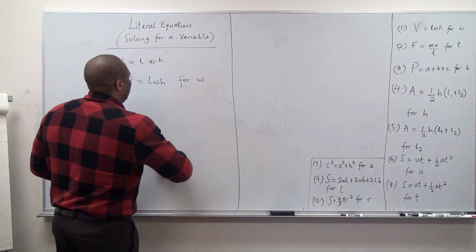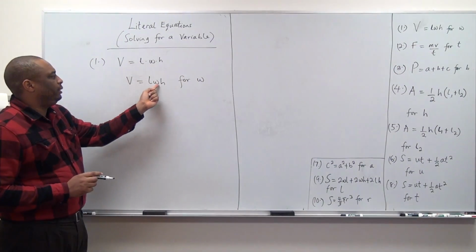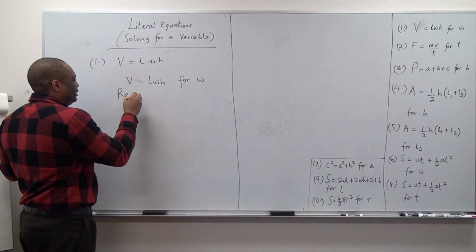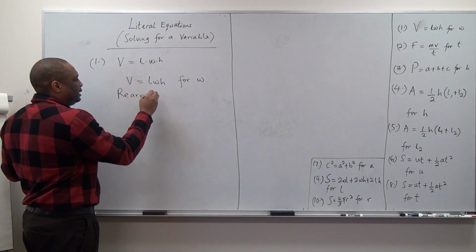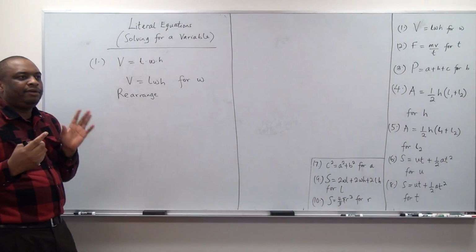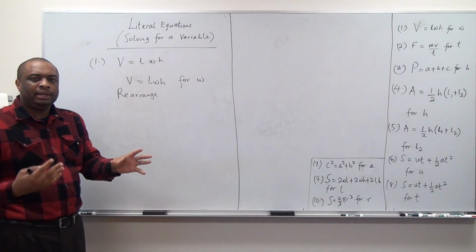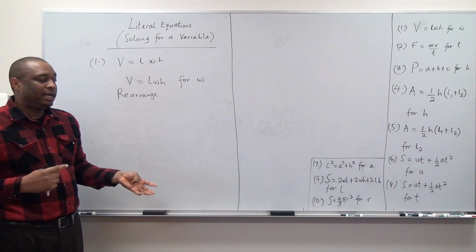So in this case, the width, W, is on the right hand. So we can just rearrange. What do I mean by rearrange? Rearrange means make your left hand to be your right hand, make your right hand to be your left hand.